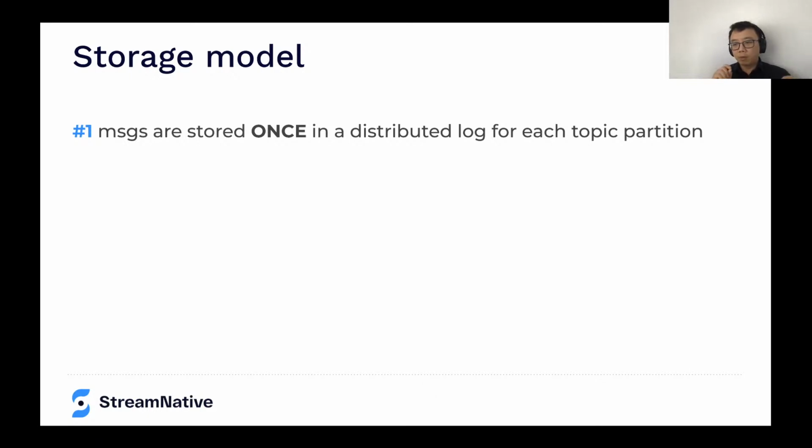Each partition is one log, all the producers append messages to the log, and the message is stored only once. That is a very important concept in the Pulsar storage model. It doesn't store messages many times for different subscriptions, only once.